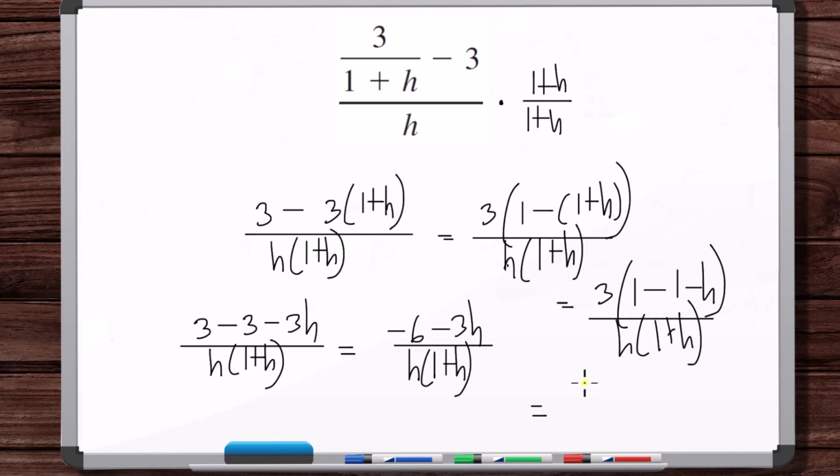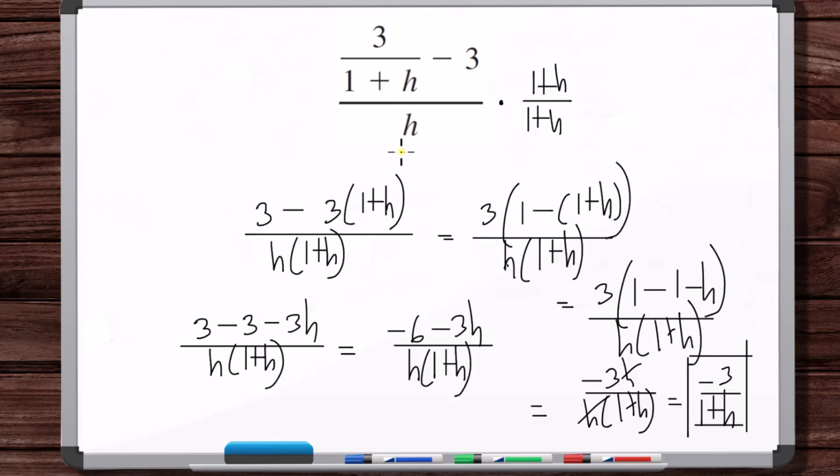So we're left with minus 3h over h times 1 plus h. So minus 3 over 1 plus h. But we can see h can't be 0 and h can't be negative 1. So h can't be 0, h can't be negative 1.